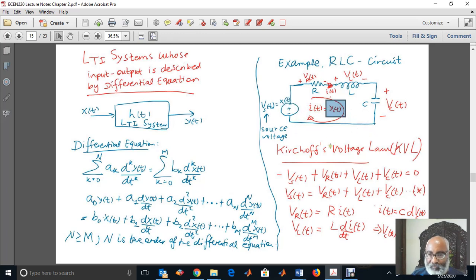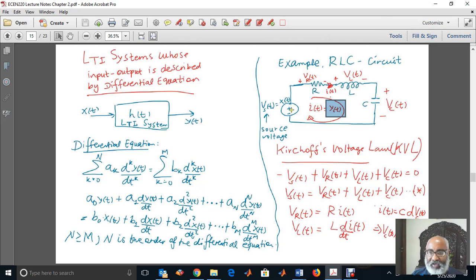Now, what's the first step? We have to use the theory for solving electric circuits, here Kirchhoff's voltage law. What's Kirchhoff's voltage law? The sum of all voltage drops across the loop is equal to 0.